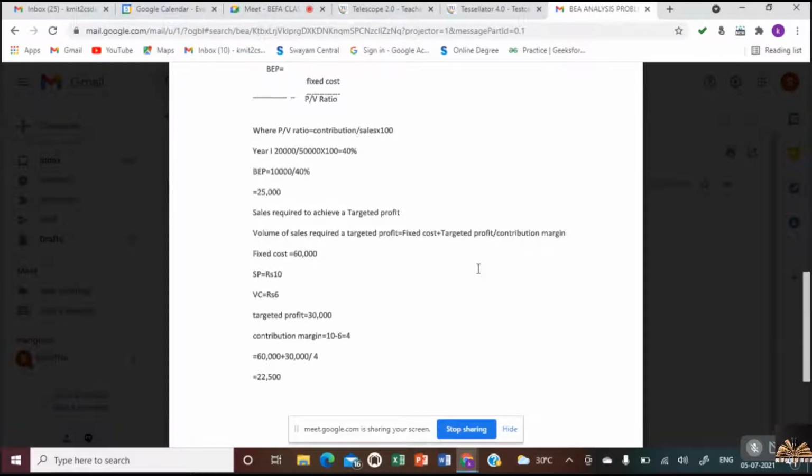Contribution margin is equal to selling price minus variable cost, that is 4, and volume of sales required to achieve targeted profit is equal to 60,000 plus 30,000 divided by 4. So 22,500 units you need to sell to achieve a profit of how much?